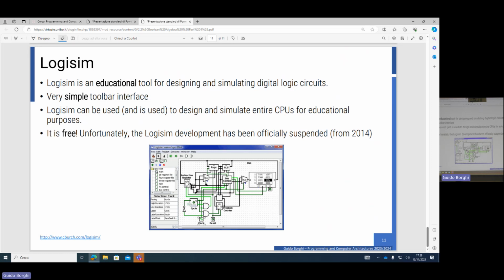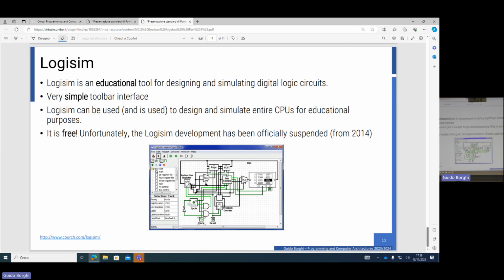Last thing is that I have uploaded on Virtuale the program called Logisim. Unfortunately, I found only the Windows version. So if you have a Windows operating system, you can download Logisim from Virtuale. Otherwise, you can try to find an equivalent version.